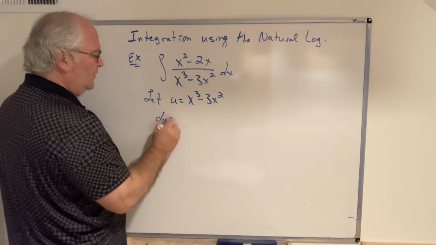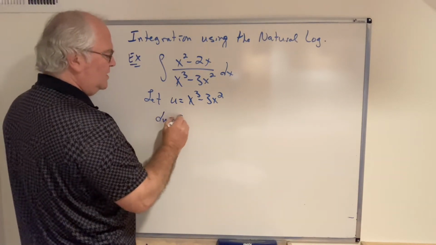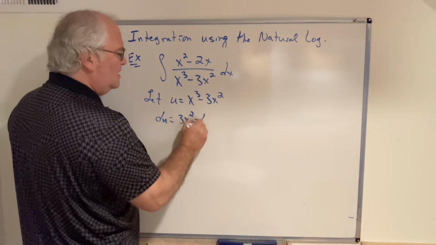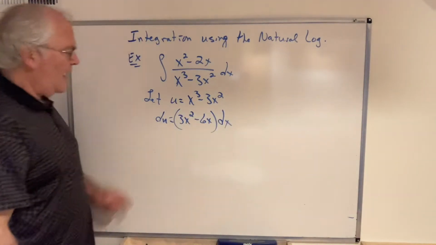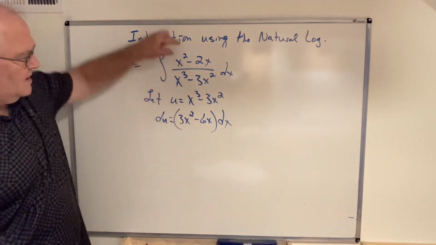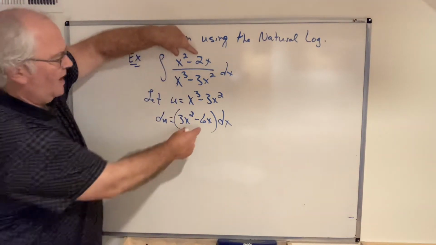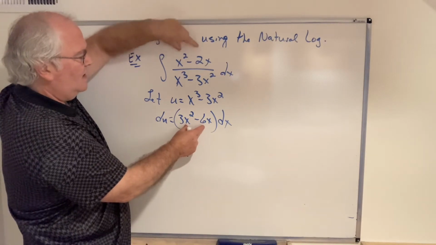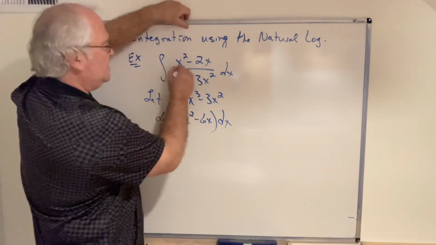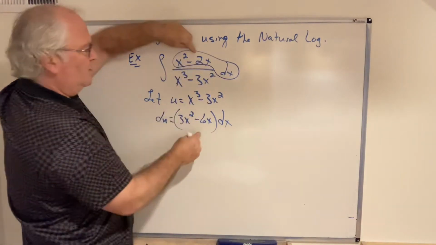The derivative here is 3x to the second minus 6x dx. I don't want 3x to the second minus 6x. But is it clear what I can do here? I can factor out this 3. If you factor out this 3, that is going to leave me with the piece, the leftover bit for which I need to account.